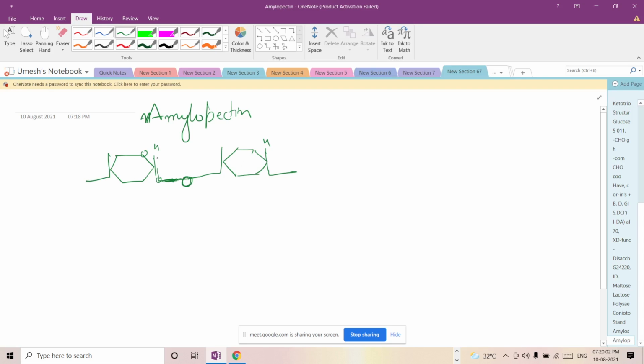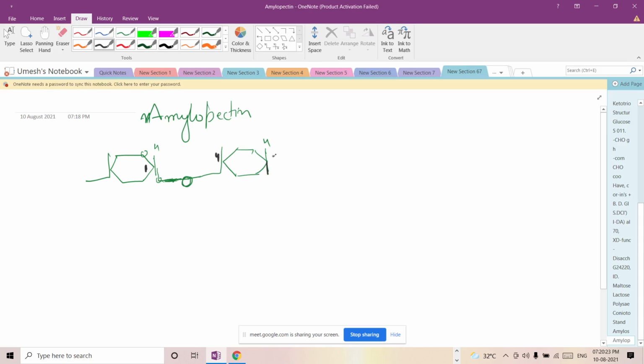A large number are there, roughly 20 to 30 such units joined together. It is joining with the C1 of one and C4 of another one.